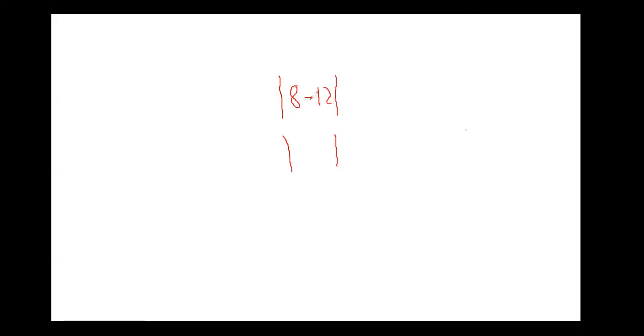Okay. And then we have, this one's going to be 8 minus 12 with a negative on the outside. So there's going to be 2 answers on this. And then we're going to do one more. We're going to do 8 minus 12 times, in fact, we're going to do 2 more.